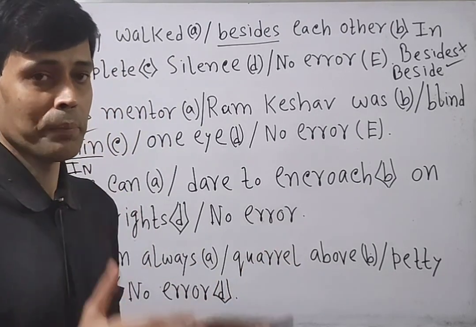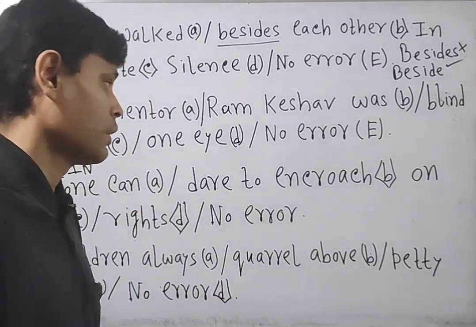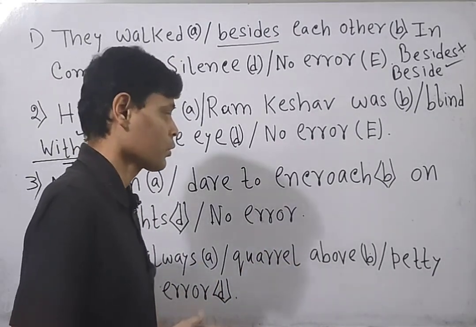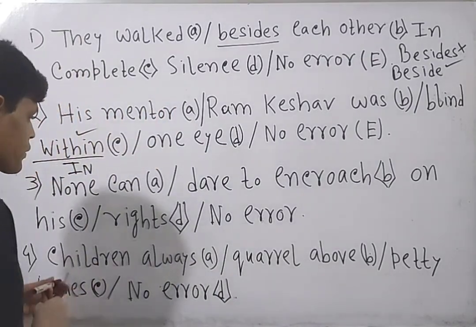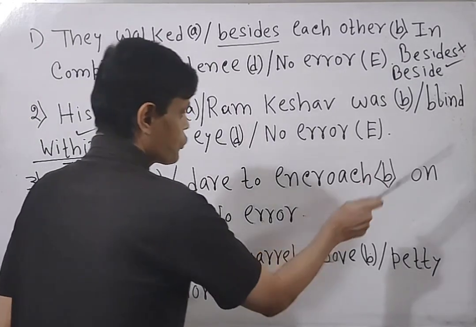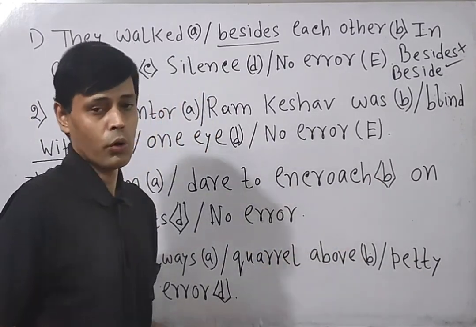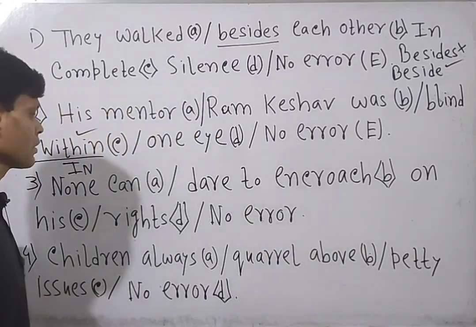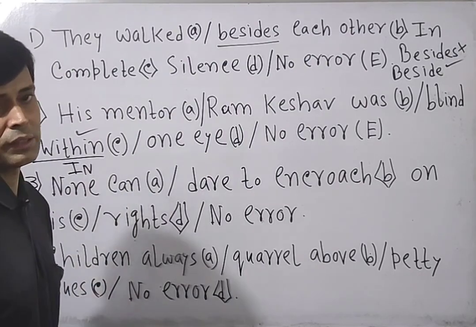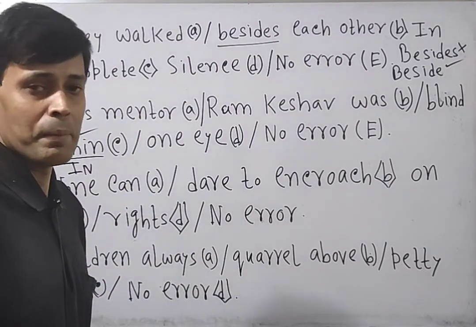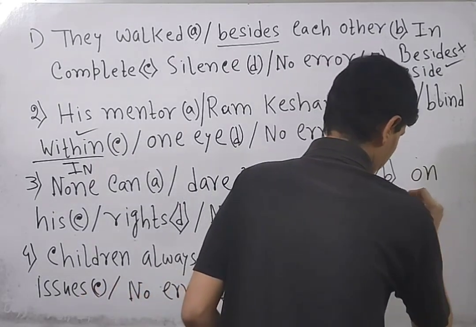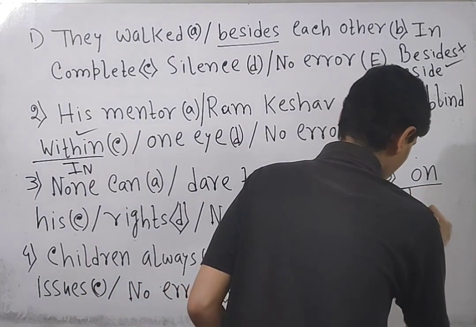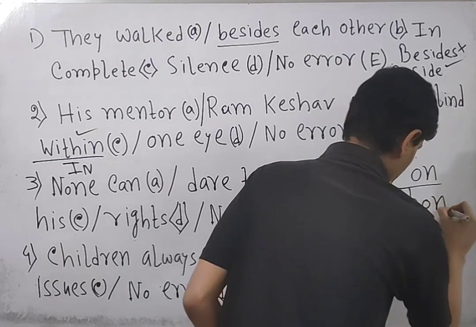So the basic preposition used after encroach is upon. Encroach upon his rights. So here it should be upon instead of on. Here his rights is nothing but a prepositional phrase. So the mistake lies in this part. It should be upon, not on.